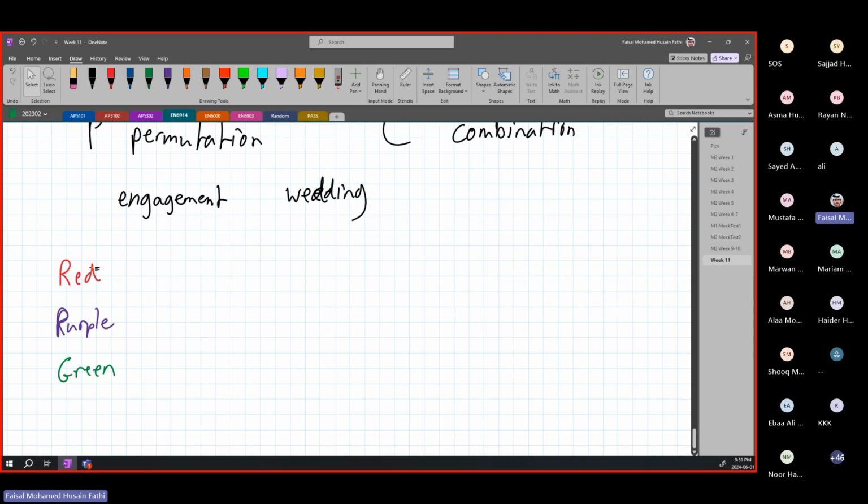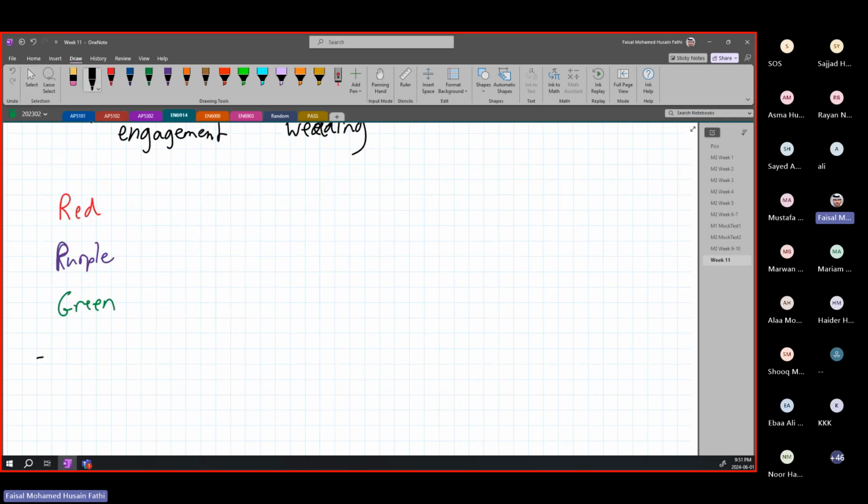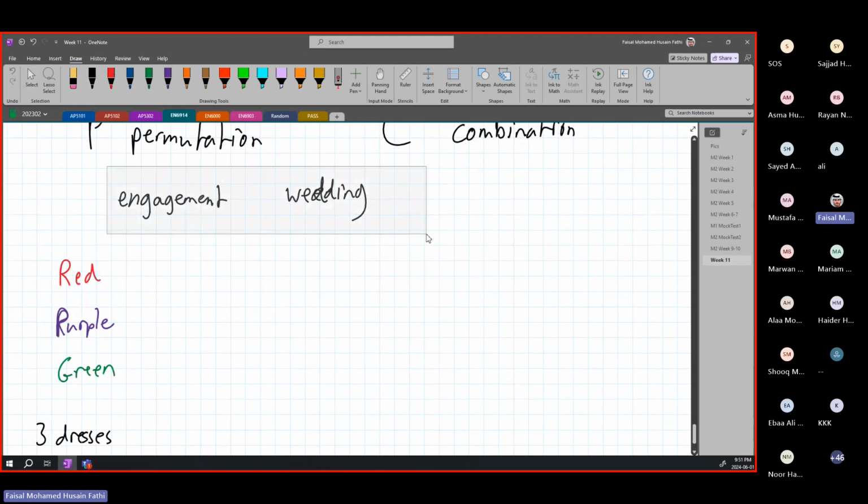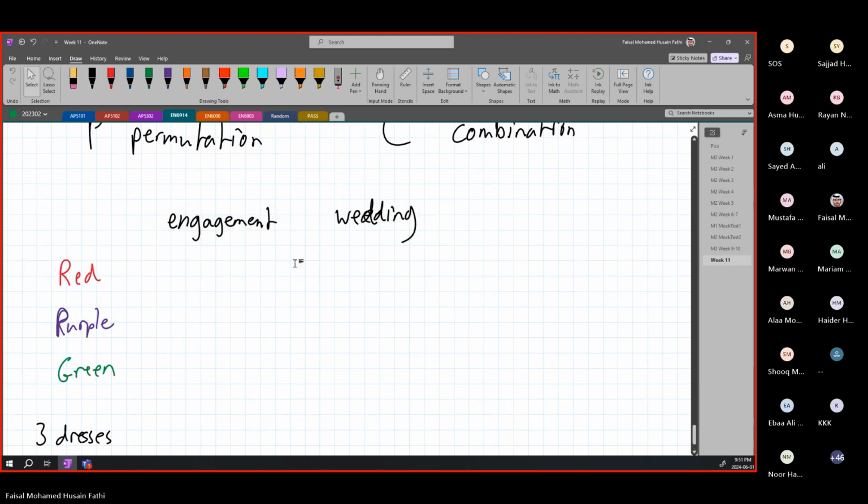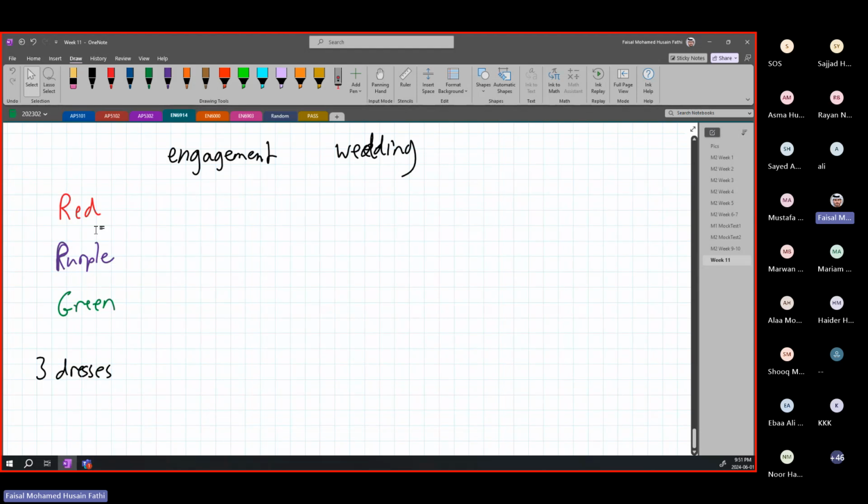Not wedding dresses, but dresses. Okay, anyway. So you have a red dress, a purple dress, and a green dress. So how many dresses do you have in total? You have 3 dresses. And in your case, you just want to wear one for each event. So how many options do you have? How many choices do you have?